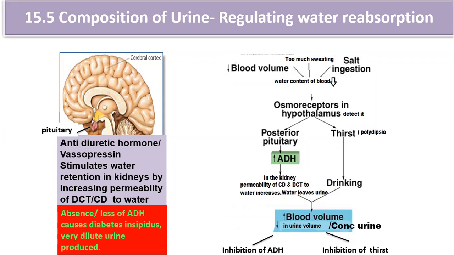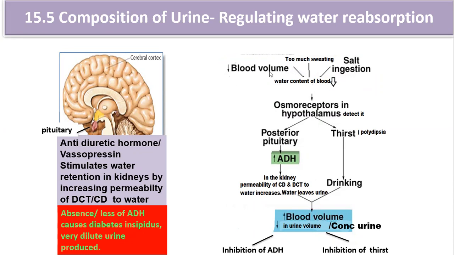Now if there is a decrease in blood volume or excess dehydration, that dehydration can be the result of too much sweating, or the condition may be that you are taking excess salt in the diet. So what happens? The water content of the blood is going to decrease.